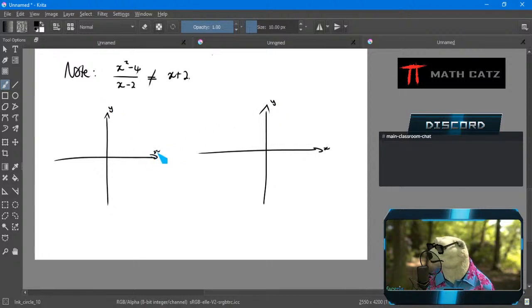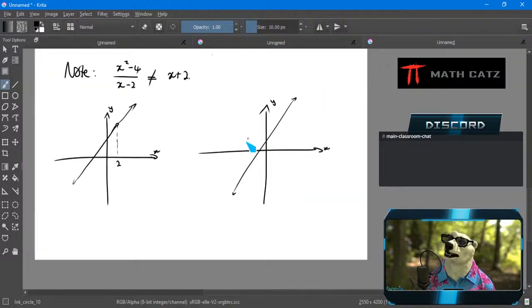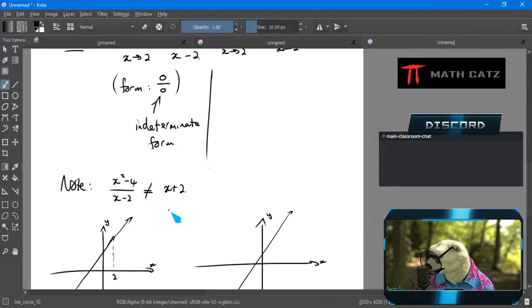This one, of course, is a straight line, x plus 2, like that. This one is almost identical, except it has a little hole that it jumps over when x is 2. It's not defined at 2, but it's not defined in a very different way compared to this 1 over x squared. Very different.